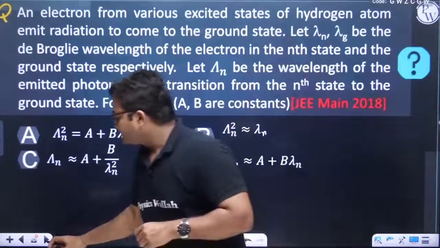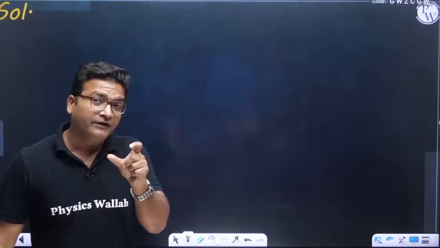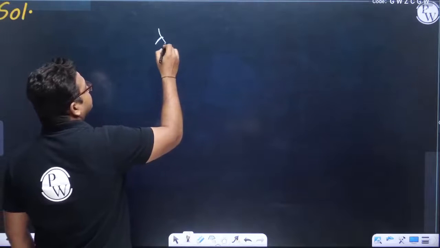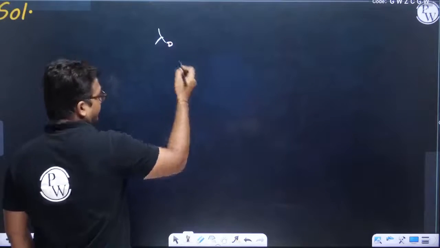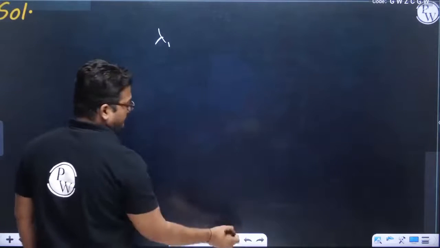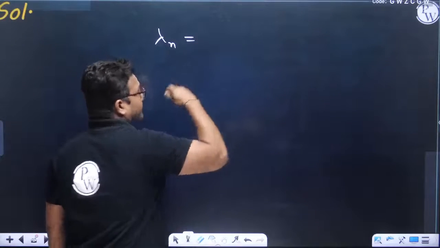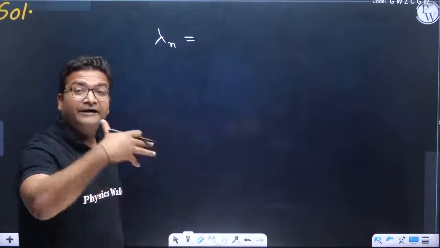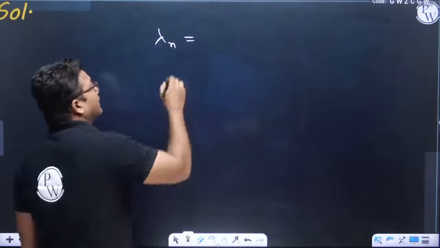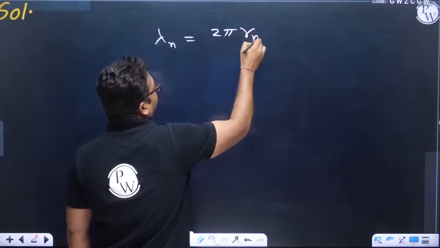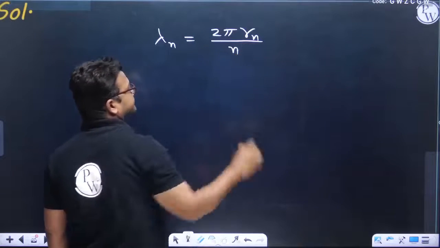Okay, so as lambda n is the de Broglie wavelength in nth state, you already know the de Broglie wavelength in nth state, which is lambda n, is equal to its circumferential length divided by principal quantum number, and circumferential length is actually 2 pi, the radius of nth orbit divided by n, right?